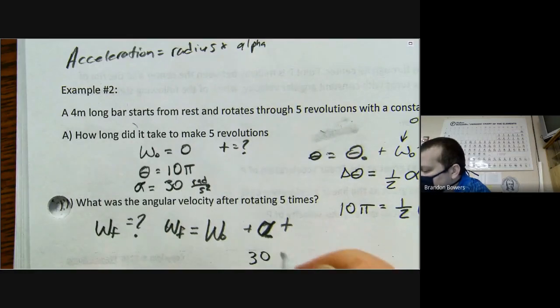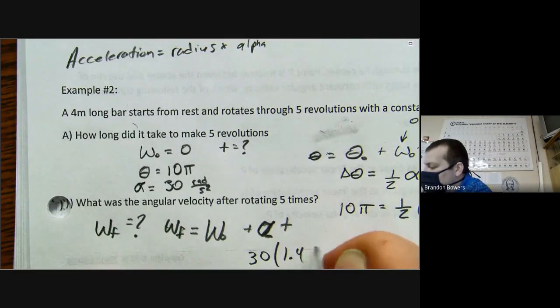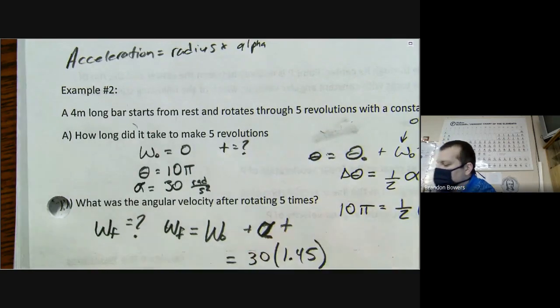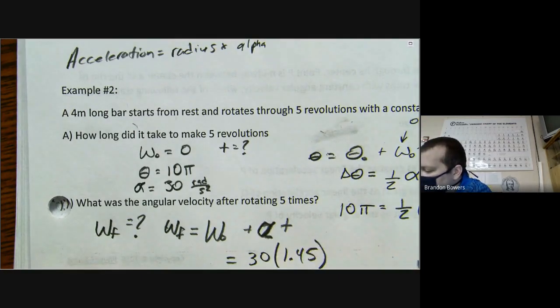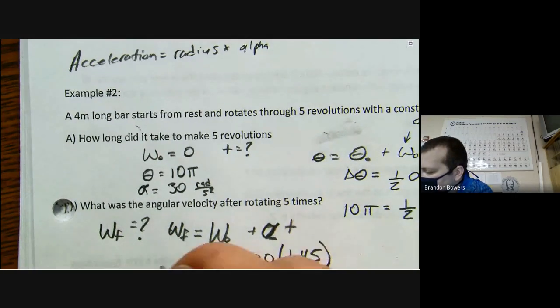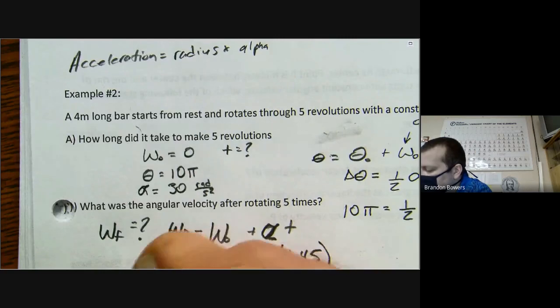And what's my time? I would use 1.45, because that was our official time. So 30 times 1.45, I got about 43. Change that back to 1 sig fig, it would be about 40 radian per second.